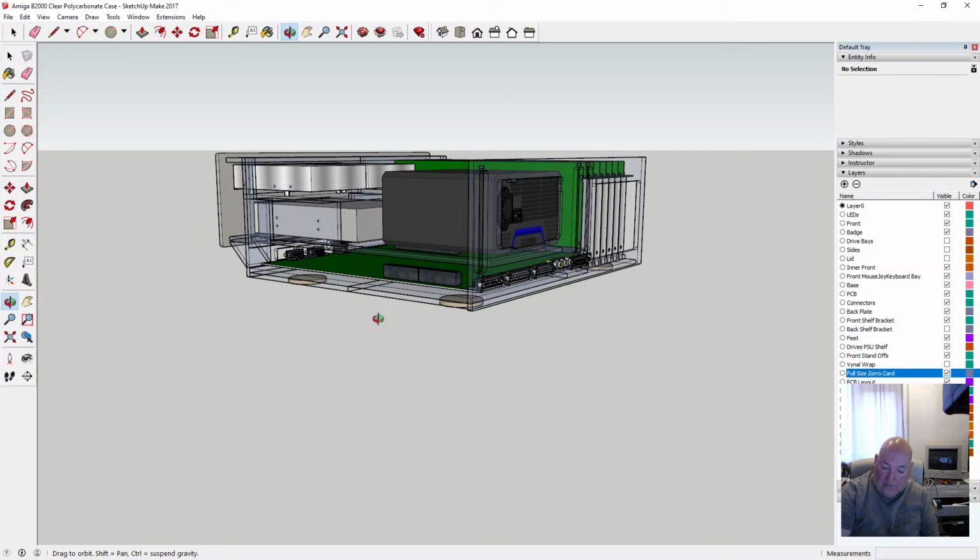It looks like 132.5. So 132.5 by the height. It's a good job I got all this stuff, isn't it? Otherwise I won't be able to do it.